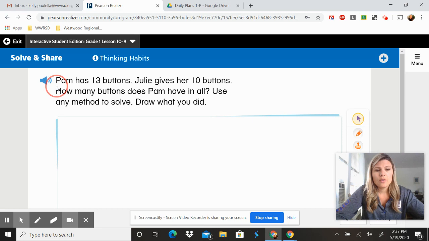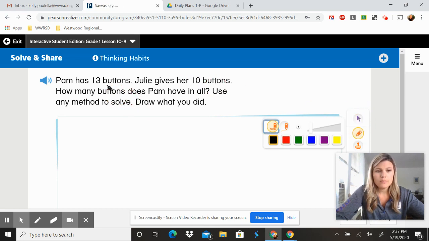All right, nice and slow. Pam has 13 buttons. Julie gives her 10 buttons. How many buttons does Pam have in all? Use any method to solve. Draw what you did. Okay, so I'm going to go back. I'm going to circle my numbers. Pam has 13 buttons.